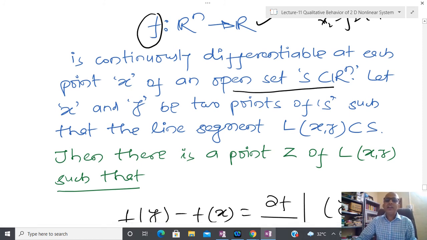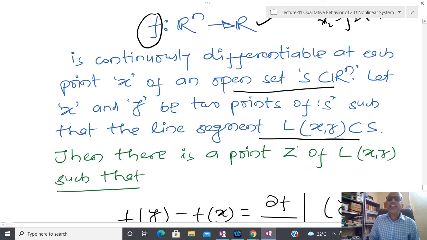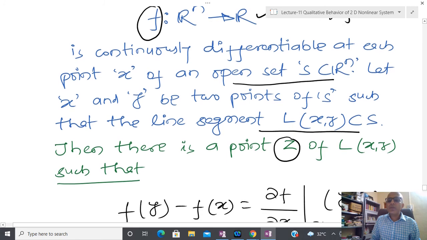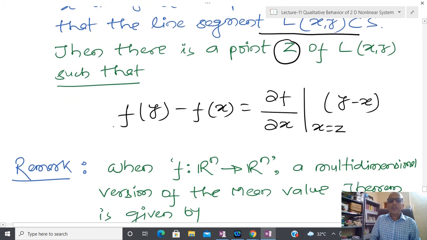Let x and y be two points of S such that the line segment lies in that set. It is possible to show that there is a point z on the segment with this property, so I can establish the relation.